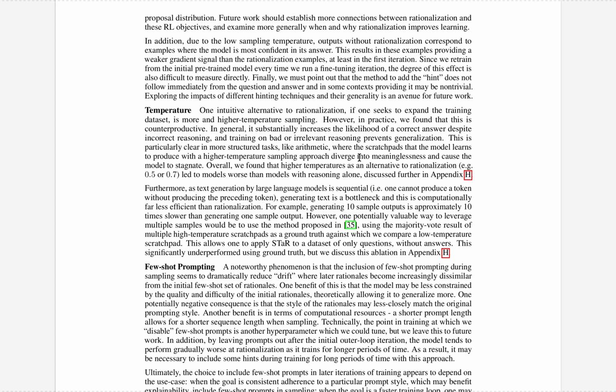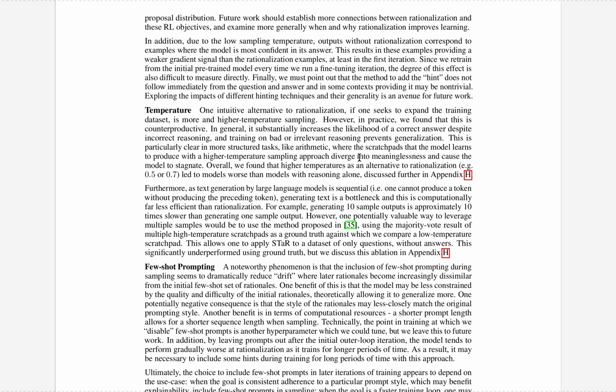This is particularly clear in more structured tasks like arithmetic, where the scratch pads that the model learns to produce with the higher temperature sampling approach diverge into meaninglessness and cause the model to stagnate. Overall, we found that higher temperatures as an alternative to rationalization, e.g. 0.5 to 0.7, led to models worse than models with reasoning alone, discussed further in the appendix.